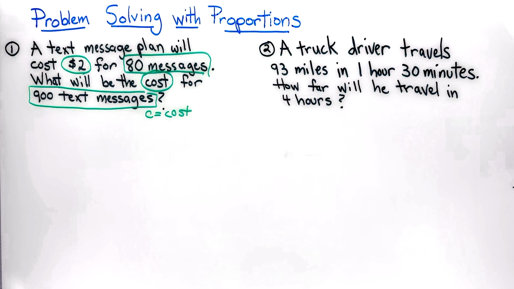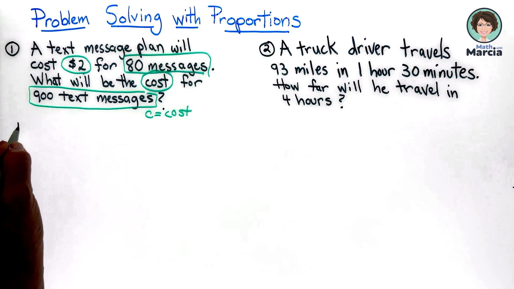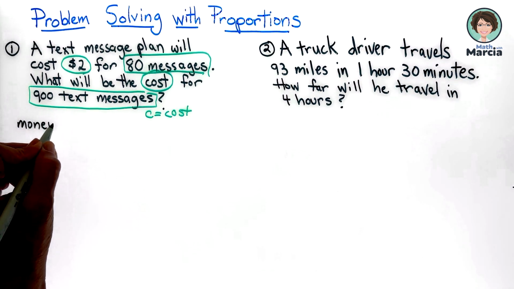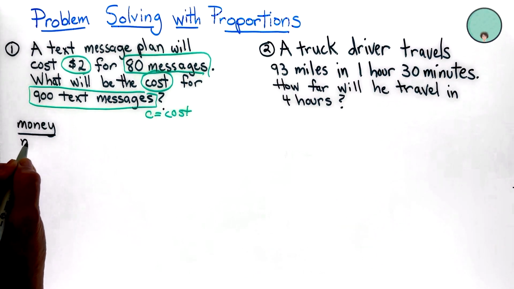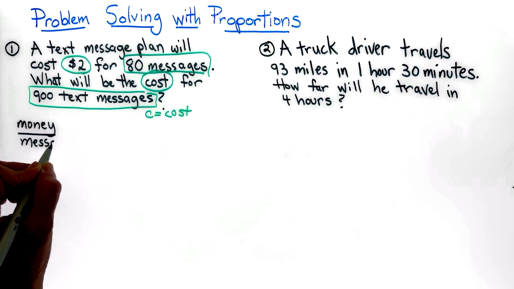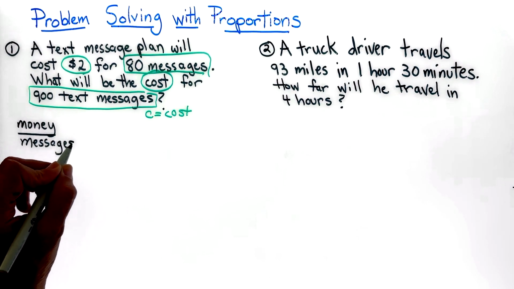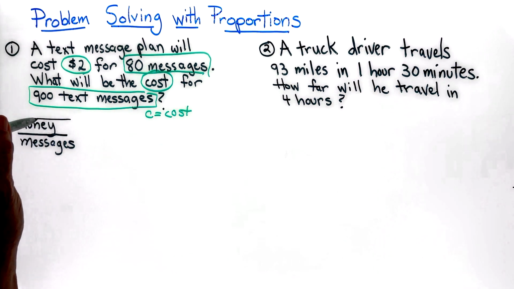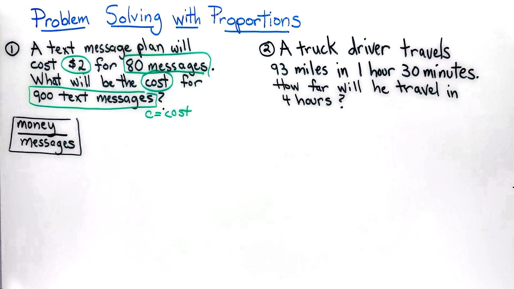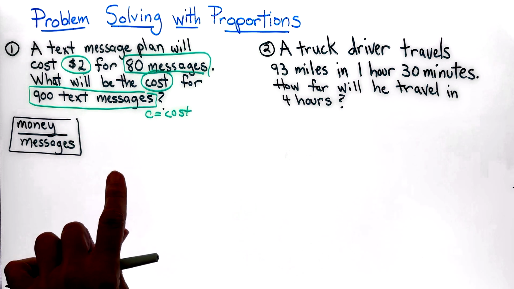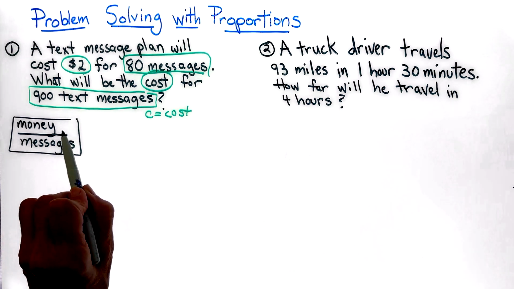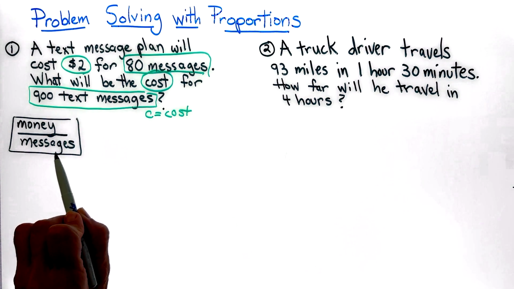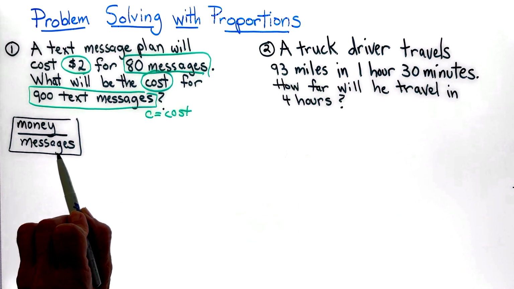So let's set up a proportion. Again, I'm going to start with my word box. I'm going to put my money over messages because I see that's what we are comparing in our problem. And here is my box. My mind is set. So I know that I will always put my money as my numerator and my messages in my denominator.